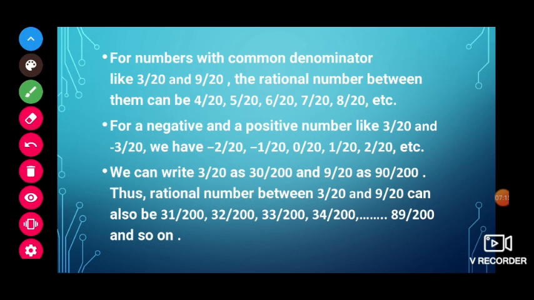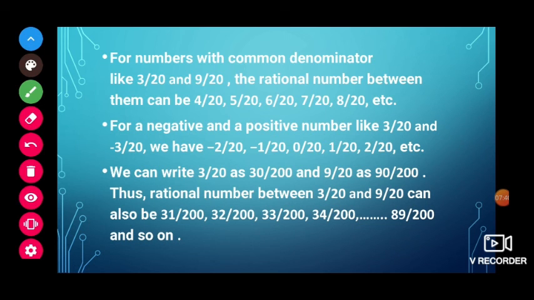From minus 3 to plus 3, what integers come? Minus 2, minus 1, 0, 1, 2. So we can take all those integers with the denominator 20 as rational numbers between the two numbers, like minus 2 by 20, minus 1 by 20, 0 by 20, 1 by 20 and 2 by 20, etc.